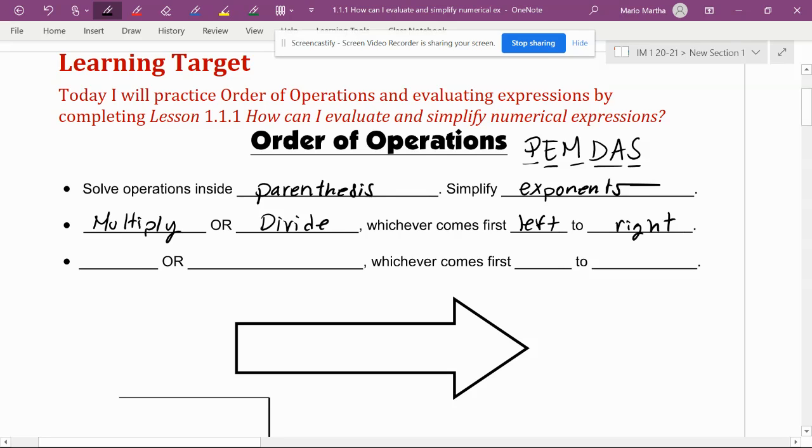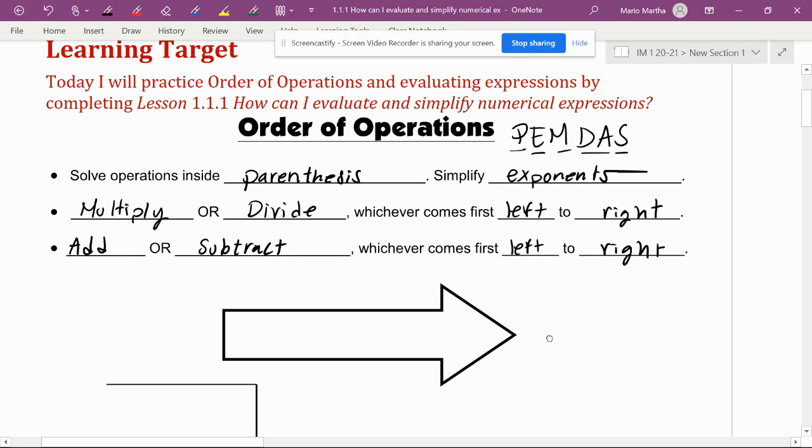And then our final step is always to check to see if we have anything else to add or subtract, and again, whichever comes first from left to right. So that's the order that we follow.